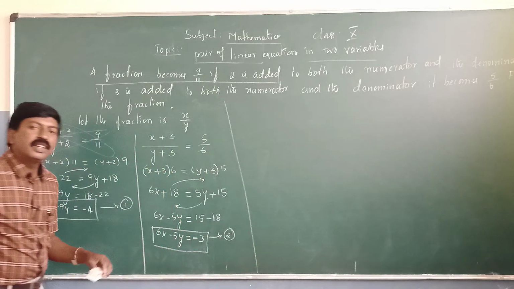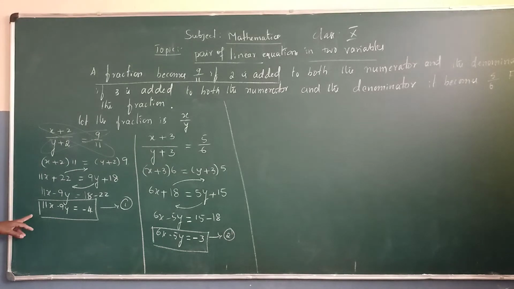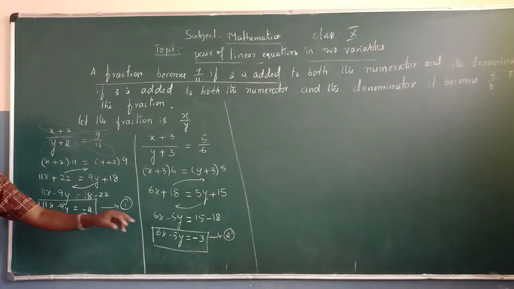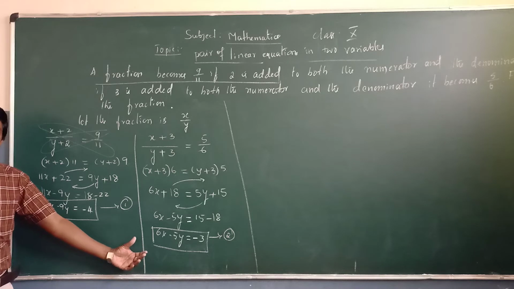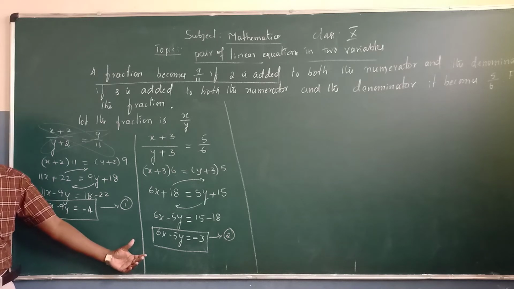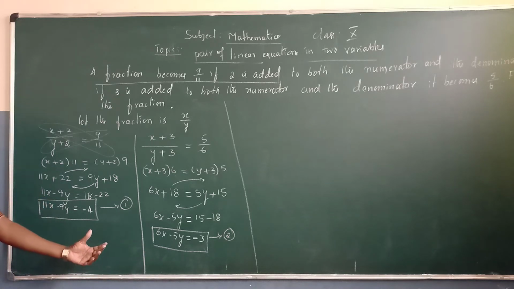We got two equations. One is 11x minus 9y equals minus 4. Another one is 6x minus 5y equals minus 3. So using these two equations with the help of the substitution method, you can find the x value and y value.